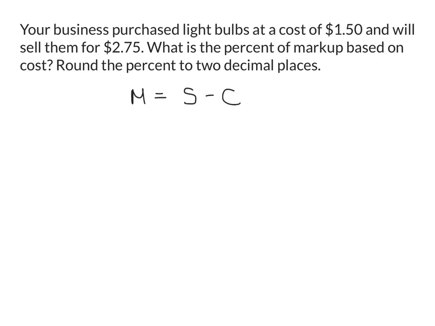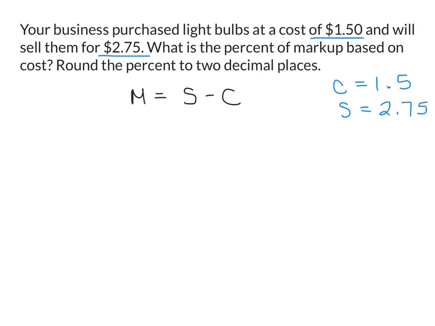Recall that the markup is equal to the selling price minus the cost. If we look at our problem, we see that the cost is $1.50, so C equals 1.5, and the selling price is $2.75, so S equals 2.75.